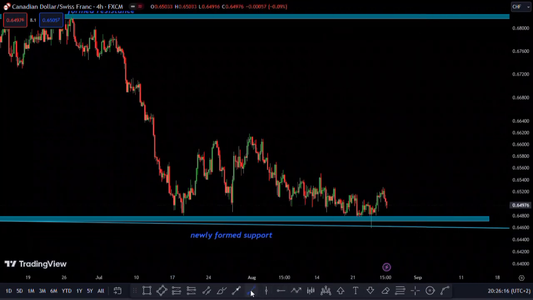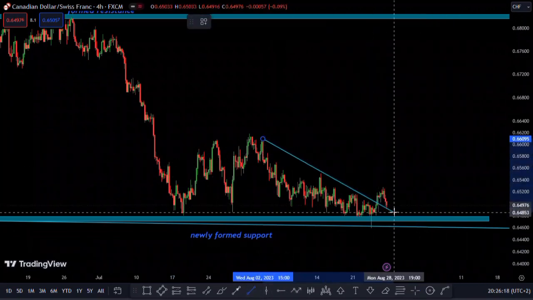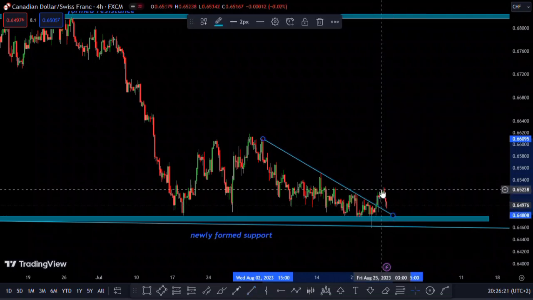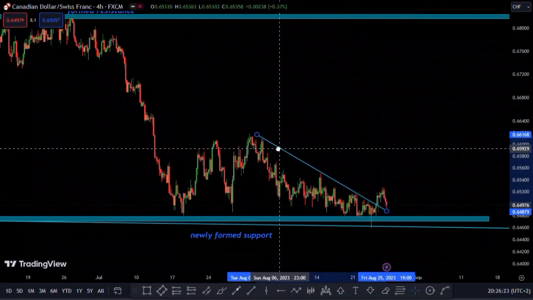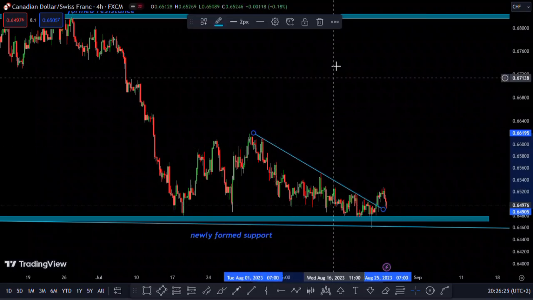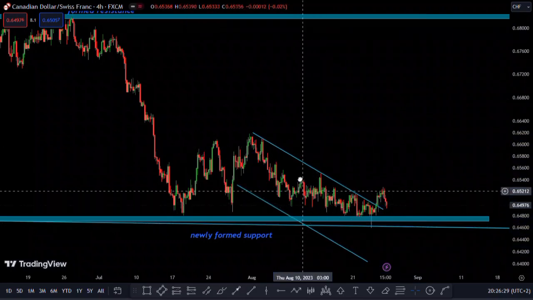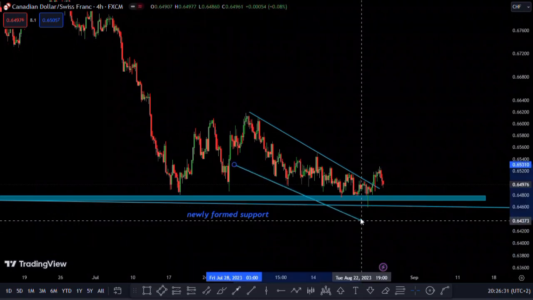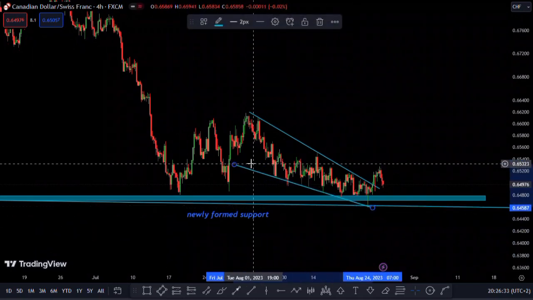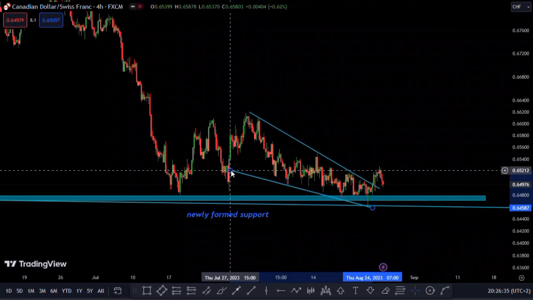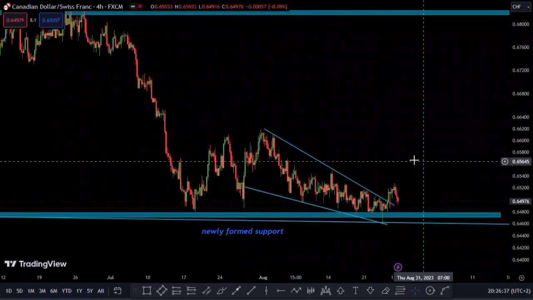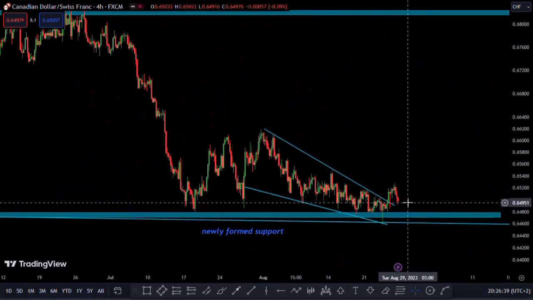So I can already see that the market already broke above this diagonal resistance, and now we should be looking for buying opportunities.